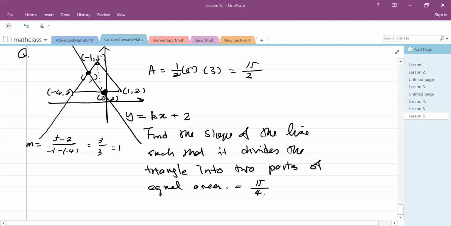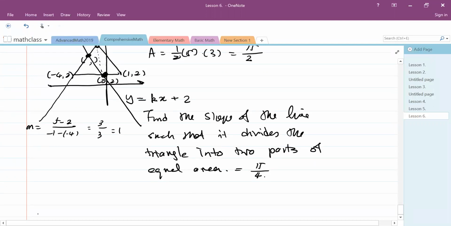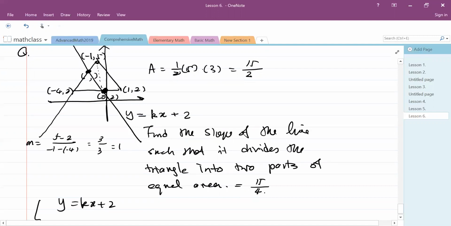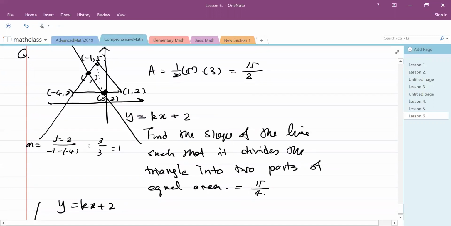The line of that. So actually, you want to find the intersection point, y equals kx plus 2. That is an unknown line. The other one, you already know the slope, right? Slope is 1, right? The difference in y is 3.